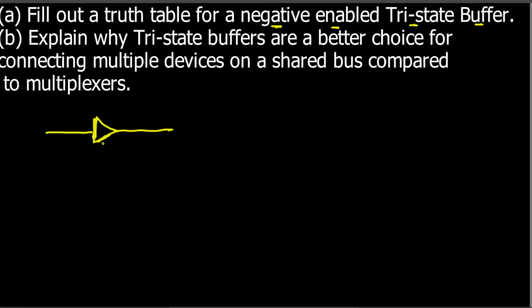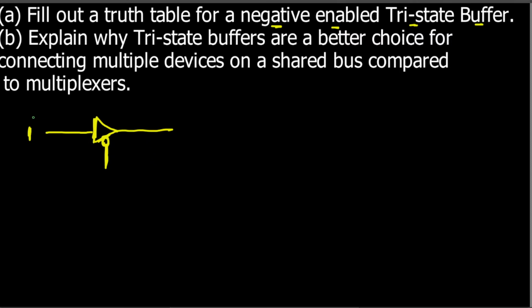But with this one, it makes the process opposite. Assuming the input is 1, if you put a 0, it's going to work. If you put 1, it's not going to work. So that's the difference. Here, the mentioned thing is the negative enable tri-state buffer, so it has a bubble that's like a not gate.